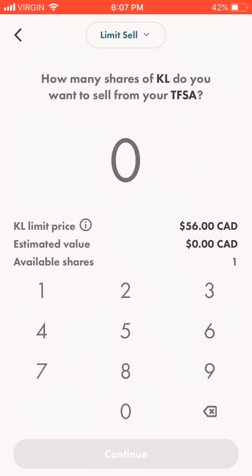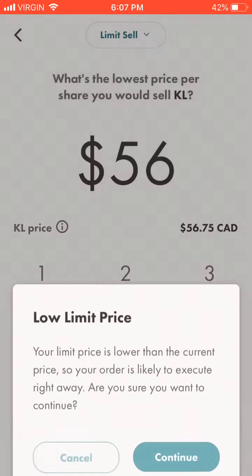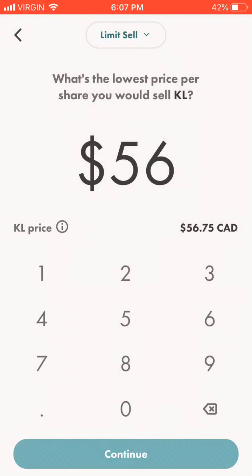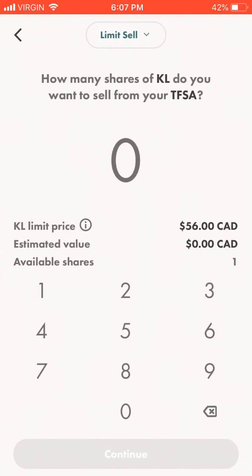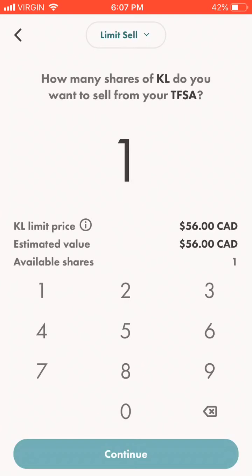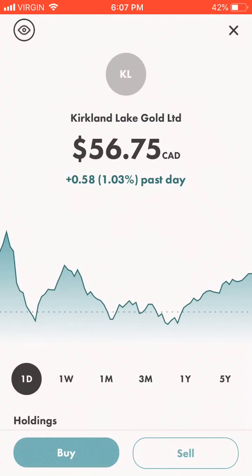If you put it higher than the current price, let's say $58, there's no guarantee that it's going to be sold. So let's just say $56 because I want it to be sold. Just put one share, continue, and then confirm order. That's how you do limit sell, but we're not going to do that.